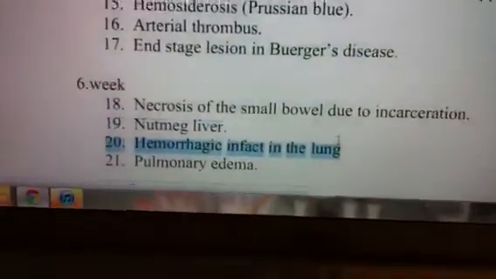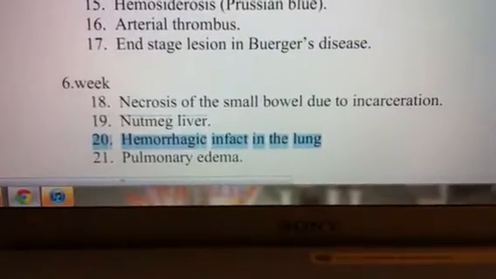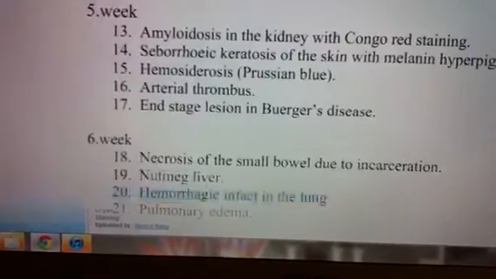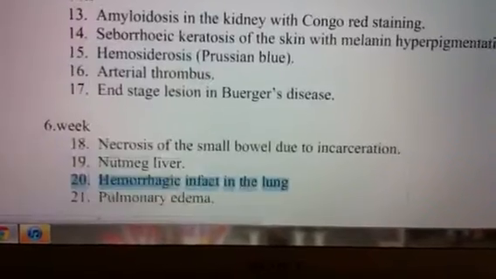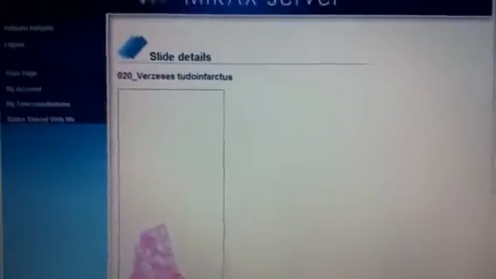Hemorrhage, infarct of the lung. This is the way that looks. Here it is.